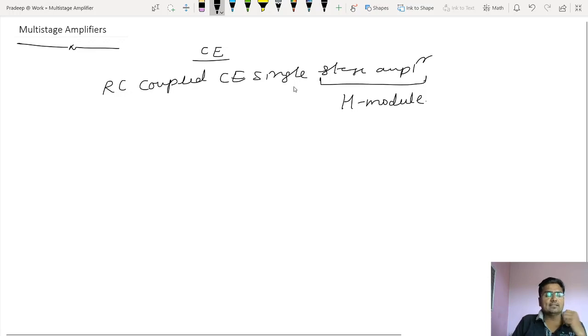Now in this semester, in this ACD2, we are supposed to discuss multi-stage amplifier. So what does it mean by multi-stage? Let me draw the block diagram. Look at this.